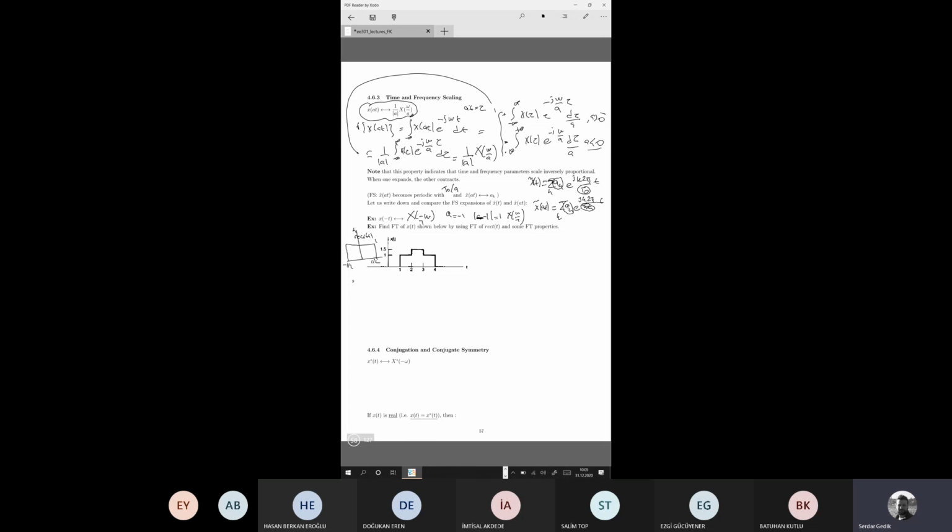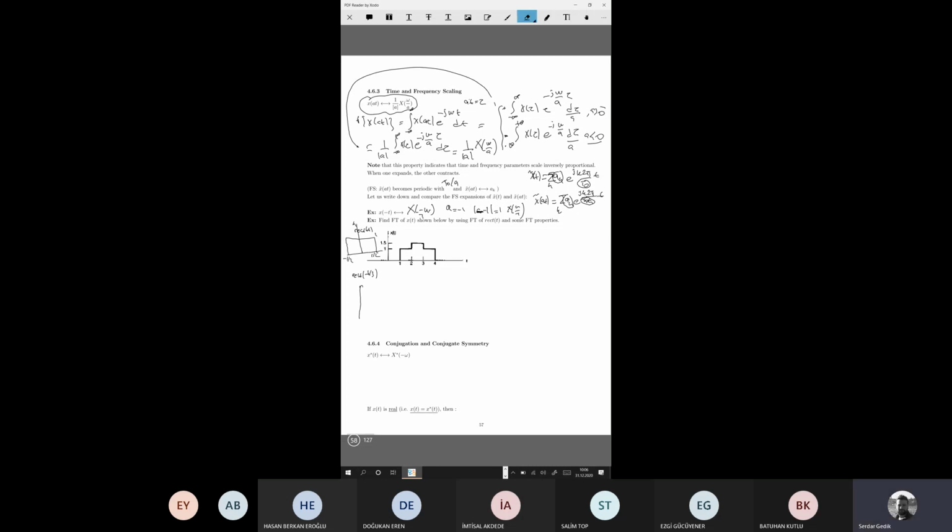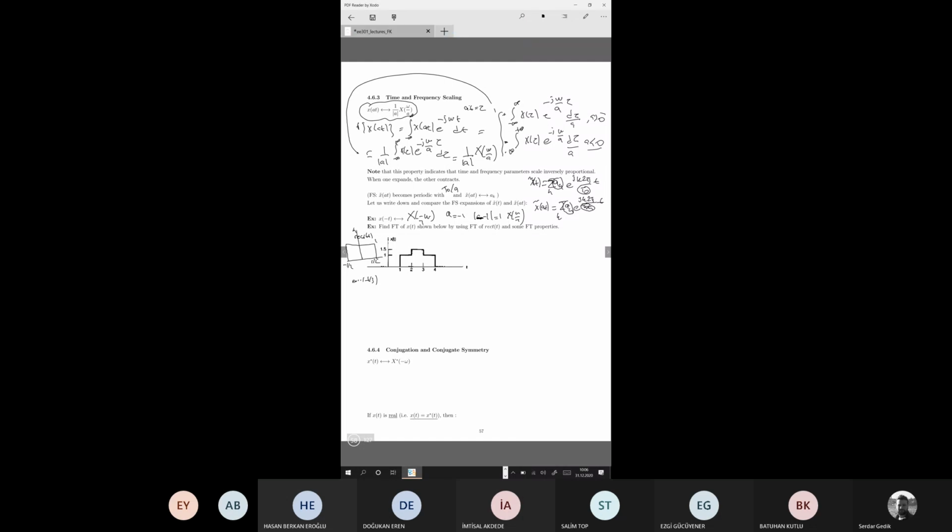And I have rect t over 3. Let me draw it in a better way. So rect t over 3, let me draw it here. It is non-zero from minus 3 over 2 to 3 over 2.